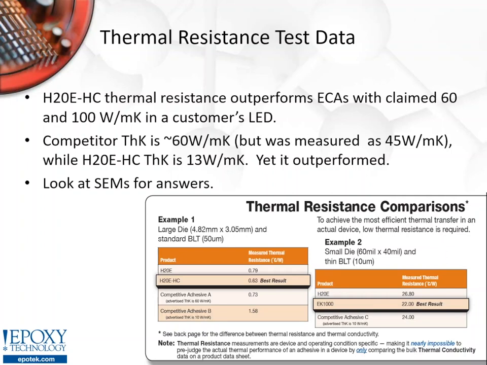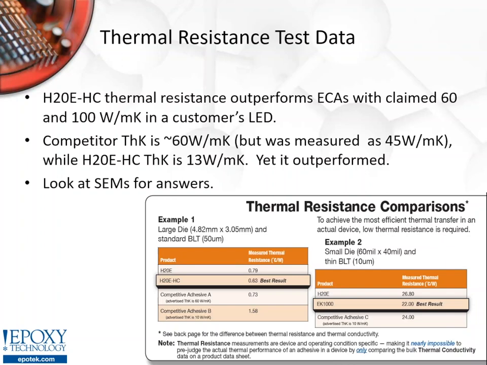When we've actually tested in part, or had customers assist us testing thermal resistance in part, we found that just because somebody claims a high thermal conductivity on a data sheet does not necessarily mean they have a high thermal resistance in part.